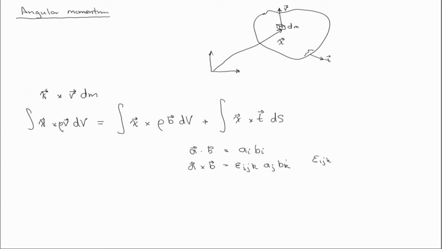Epsilon ijk is equal to 1 for an even permutation. So when I say permutation, I mean a change in the indices ijk, and I'll give you an example of what I mean. Right? -1 for an odd permutation, and 0 if any two indices are repeated.